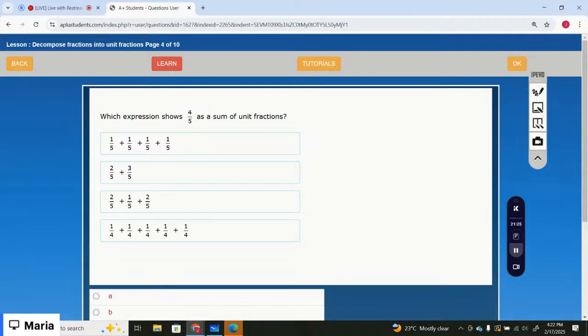Very good. Which expression shows 4 by 5 as a sum of unit fractions? So which is the correct option?